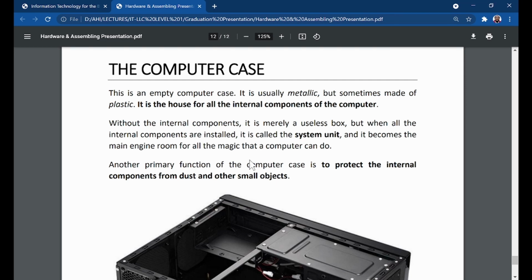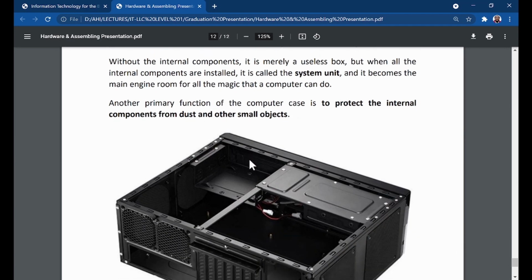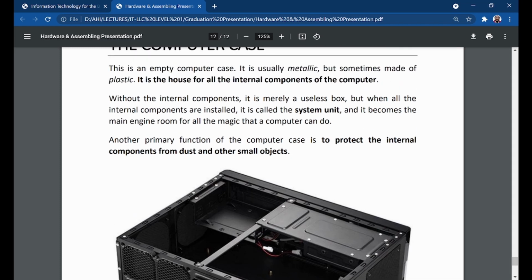We know that some components are internal, right? And some are external. The computer case here is a house for all the internal components. So the function of this case is to house all the internal components of the computer system. Without the internal components, it is merely a useless box.